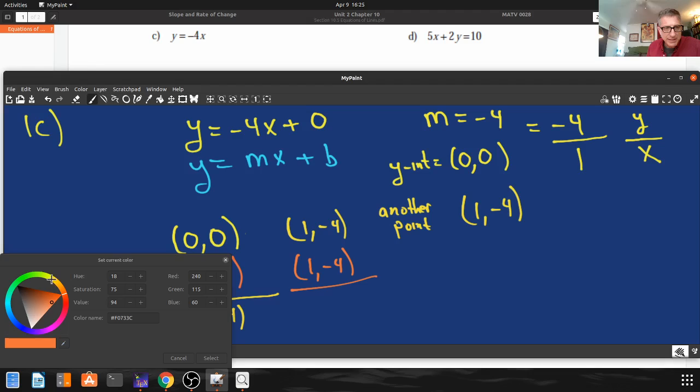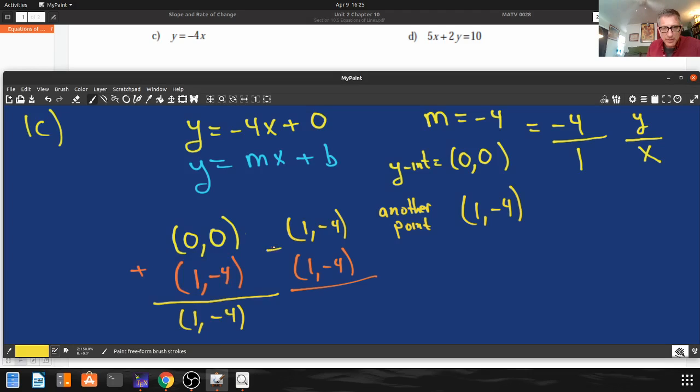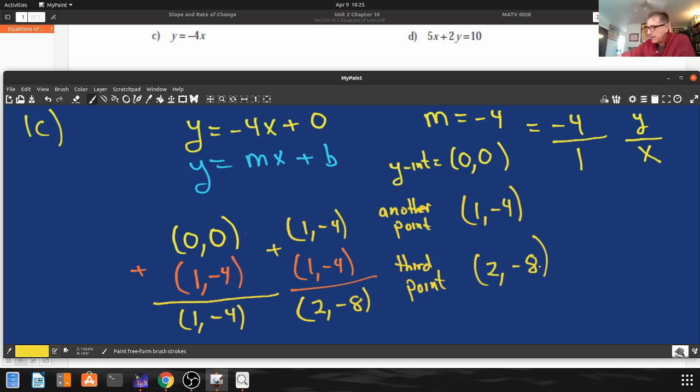And we're going to add these together. So a third point: 1 plus 1 is 2. Minus 4 plus minus 4 is minus 8. So a third point is (2, -8).